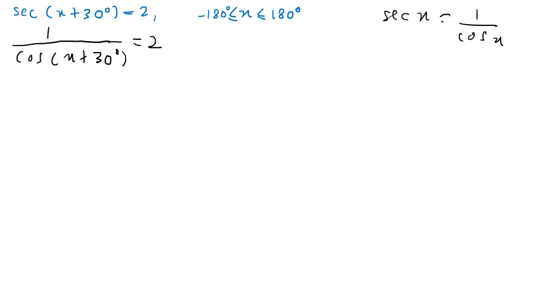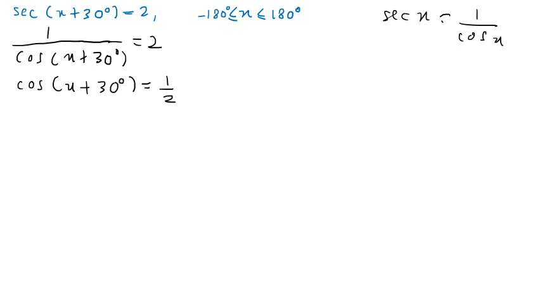Then we can switch places between 2 and cos so that cos is in the numerator, which equals 1 over 2. So now we can find the values of all the angles.